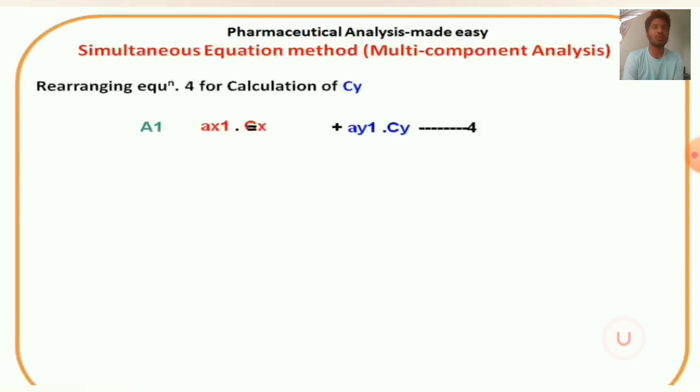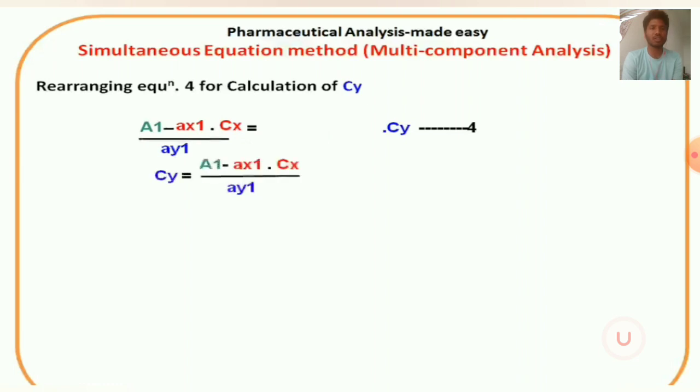Let's see how to rearrange the equation. A1 minus AX1 into Cx is divided by AY1 into Cy. So the concentration Cy is equal to A1 minus AX1 into Cx, divided by AY1.